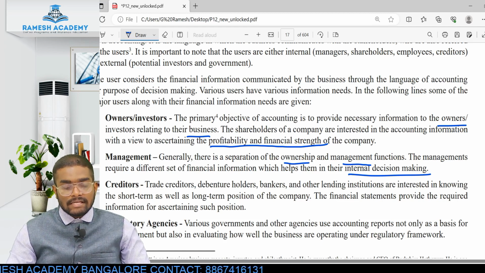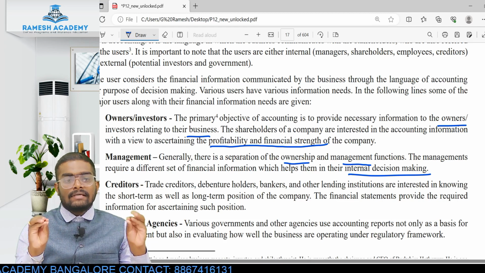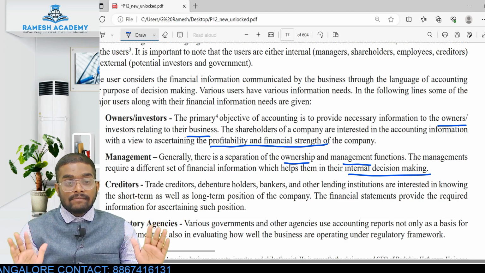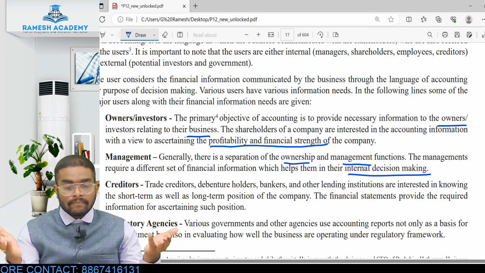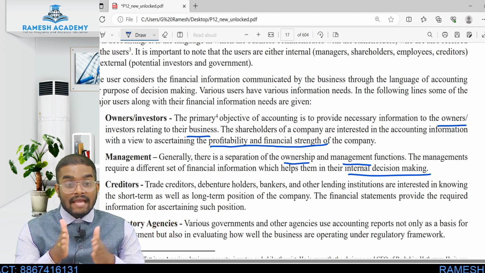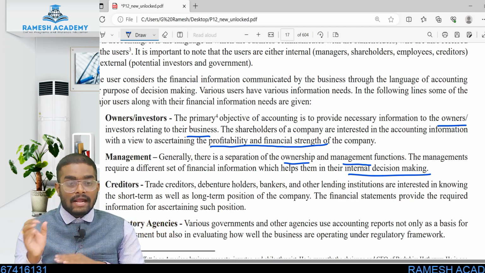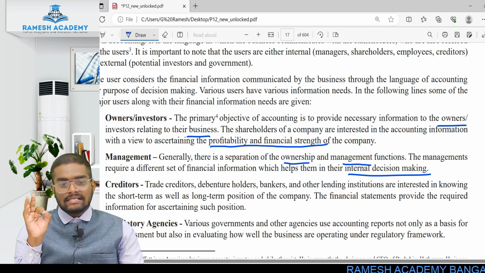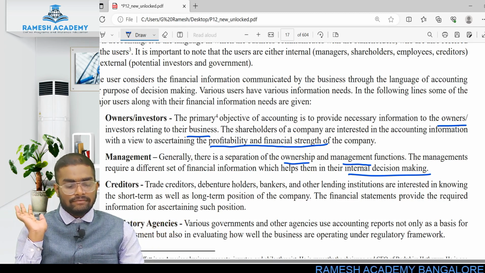That's the reason creditors will be making a clear assessment of our company, whether we are financially viable to make payments to them, whether we are financially stable, do we have enough cash at bank or cash in hand to repay all the outstanding dues to the creditors. That's the reason creditors are also interested in financial information.